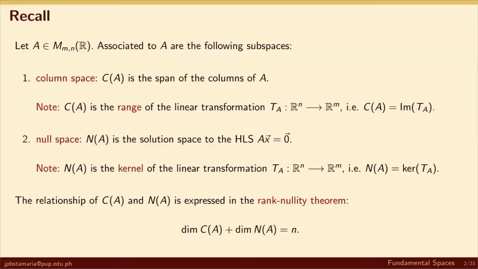In the context of a matrix A, since the range is the column space and the kernel is the null space, then it follows that the dimension of the column space plus the dimension of the null space is n. This being the rank and this being the nullity.